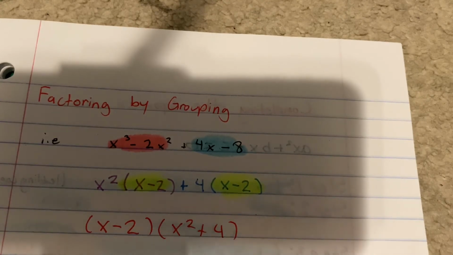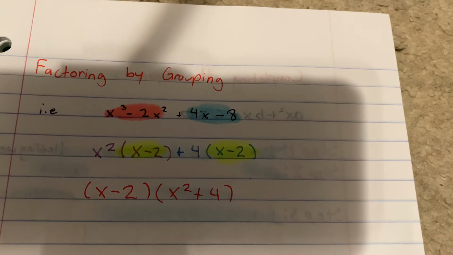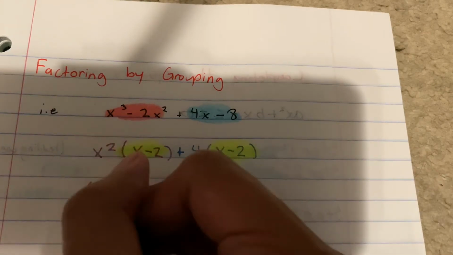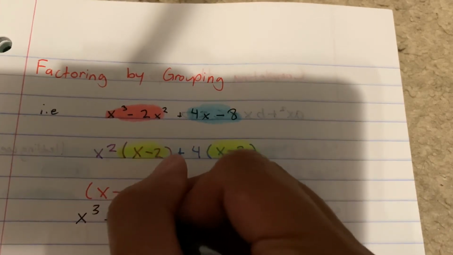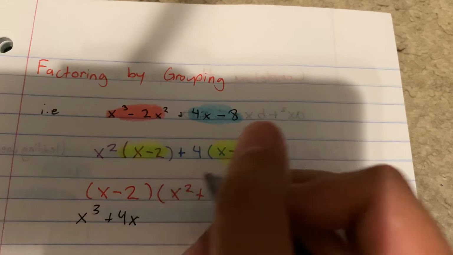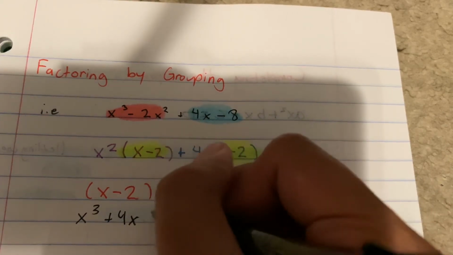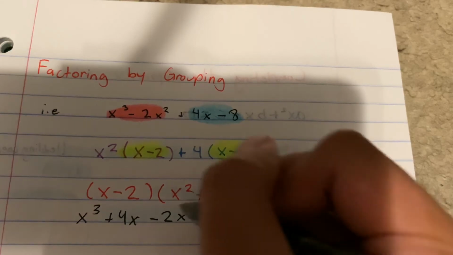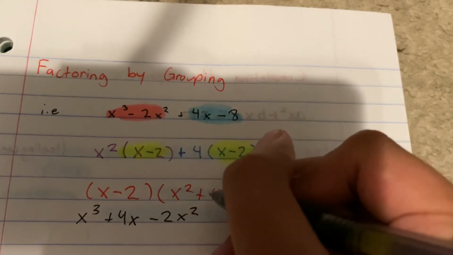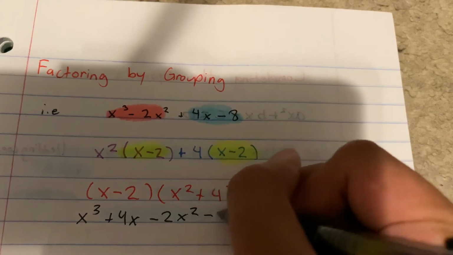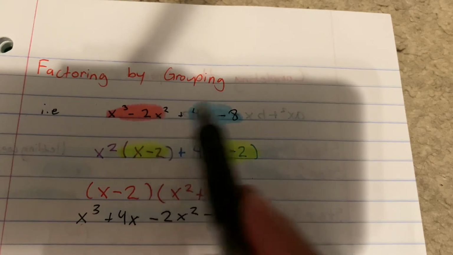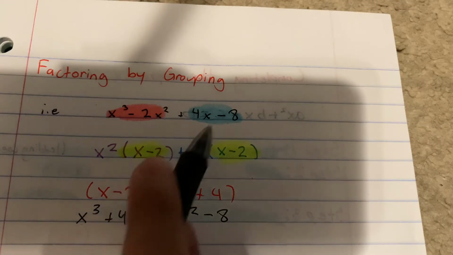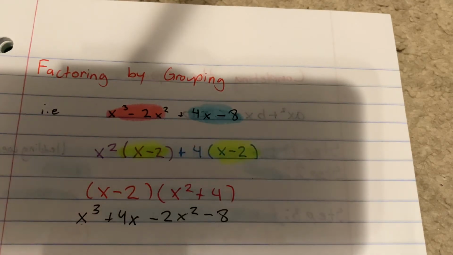If you do it again, just to make sure, x times x squared is x cubed, x times 4 is plus 4x, negative 2 times x squared is minus 2x squared, and then negative 2 times 4 is negative 8. Even though they're out of order, you see x cubed, negative 2x squared, 4x, minus 8. So it all works out in the end.